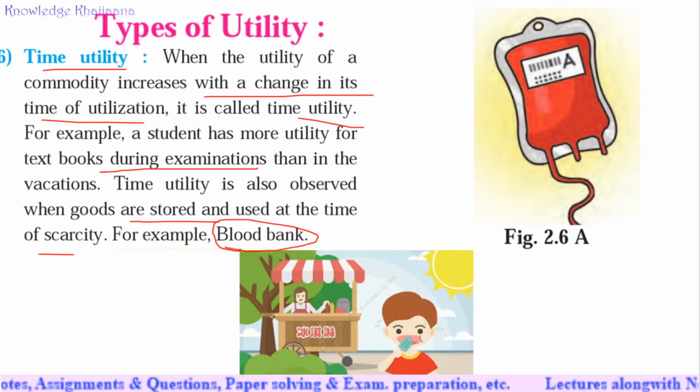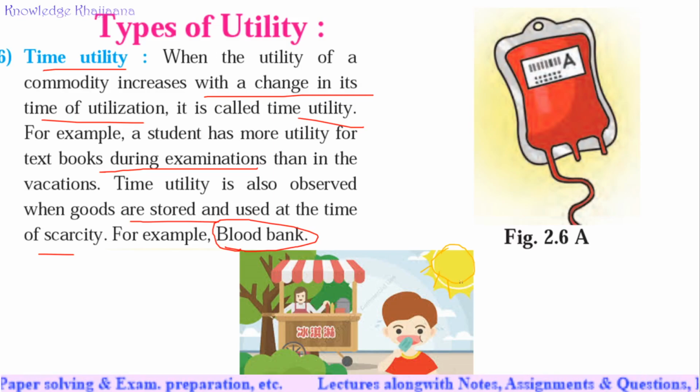In this example, this is the summer, the hot sun, and we get the utility of ice cream only when it is summer. Similarly for the blood bank.